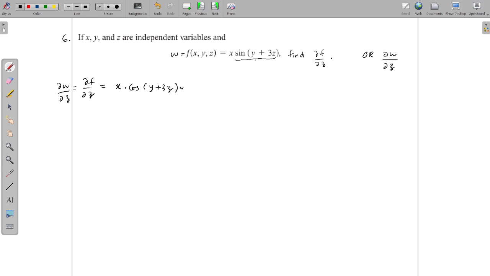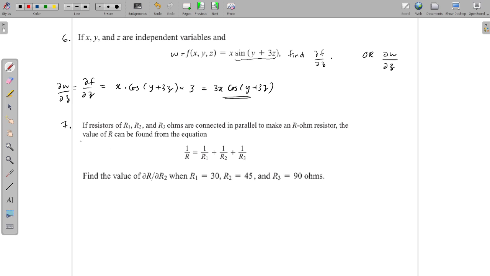What is the derivative of y plus 3z, by taking y as a constant? The derivative of y is 0 and the derivative of 3z is 3. So this will give 3x cos of y plus 3z as dou f by dou z. That means taking x and y as constants and z as variable, you consider the derivative of this expression.